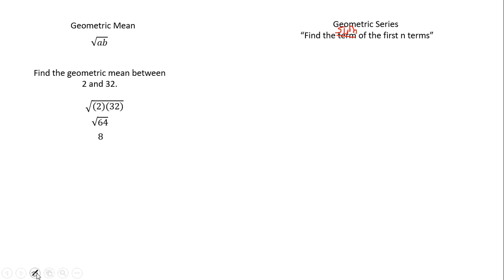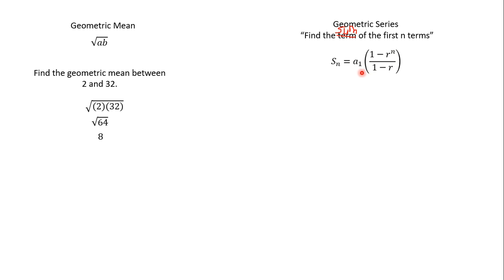And so to do this, we have an equation, just like we had an equation for arithmetic series that yesterday I was like, hey, use the equation. People were like, wait, there was an equation? Yes, there is an equation. This is the equation. Pay attention to it. It's going to be the first term times 1 minus r to the n divided by 1 minus r.